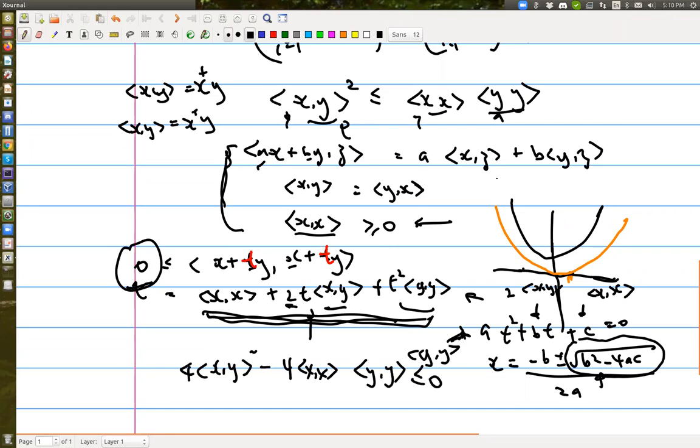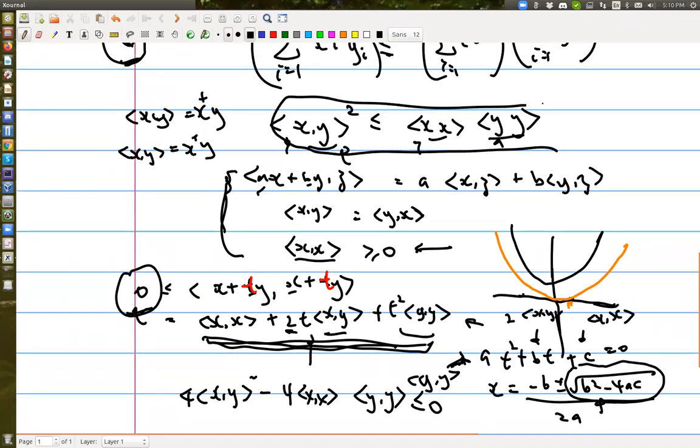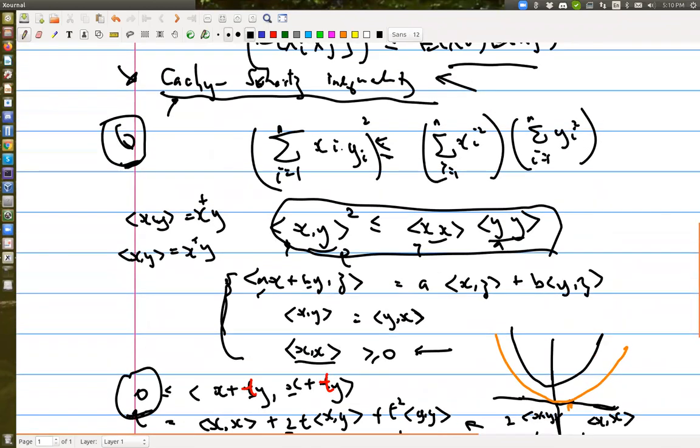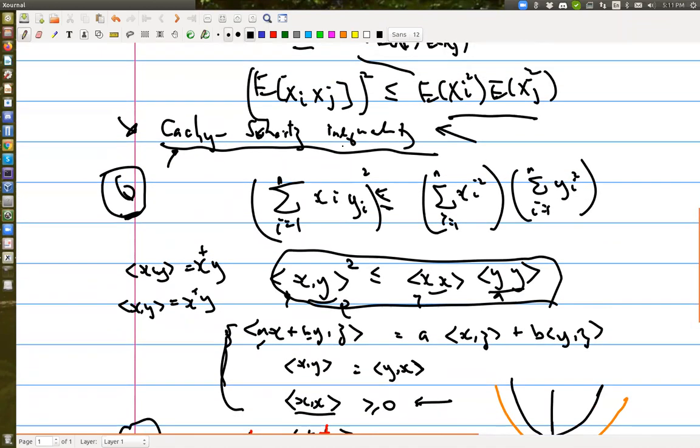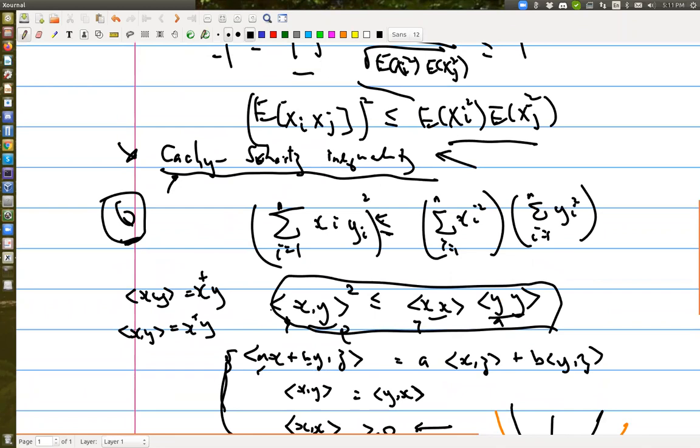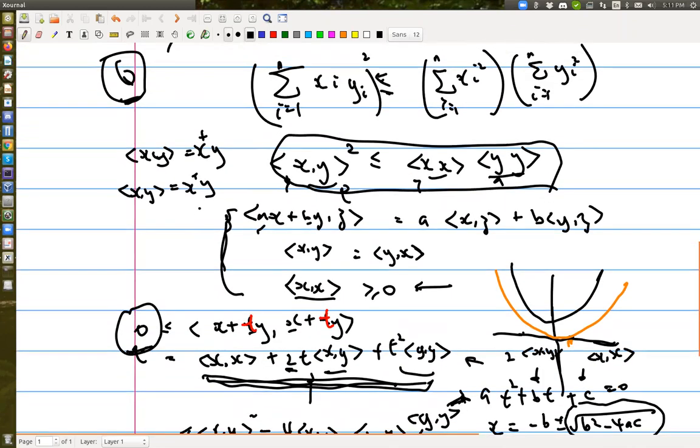So that basically gives me the Cauchy-Schwartz inequality. And note that this is very general, right? As long as I can define some kind of inner product for some vector space, then the Cauchy inequality will work.